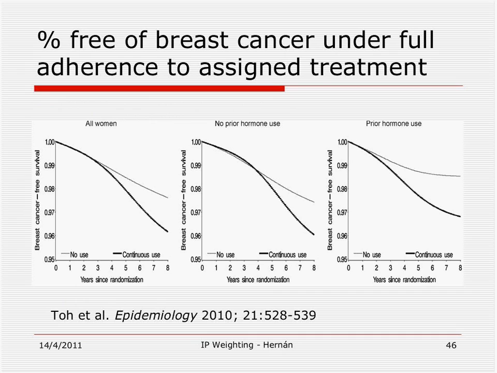Okay, and what we get here is the risk of breast cancer during the 8 years of follow-up. Now, in the group taking hormones, you have a lower survival than in the group not taking hormones, if everyone had complied with the assigned treatment at baseline.